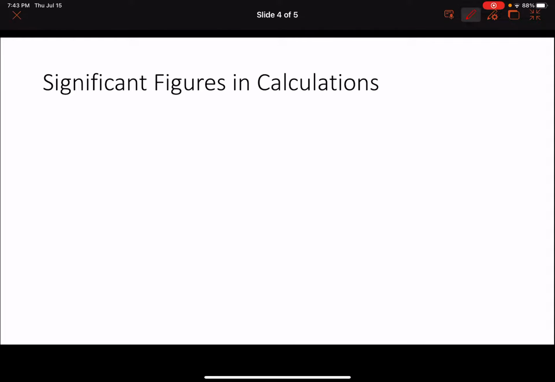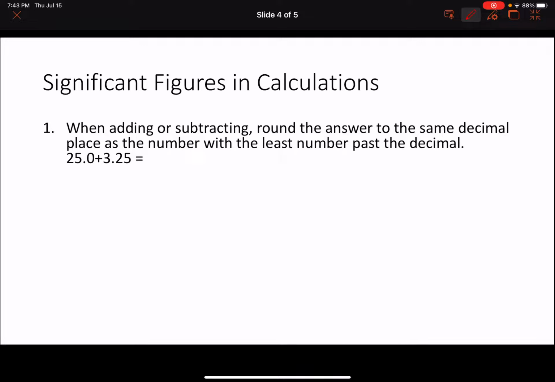And so if you use these numbers in calculations, in adding and subtracting, it doesn't matter if they have different numbers of significant digits. You just add them together and determine the final significant digits of the answer.